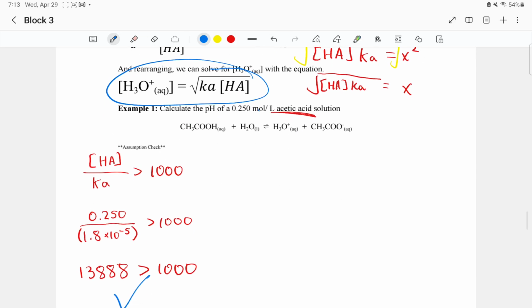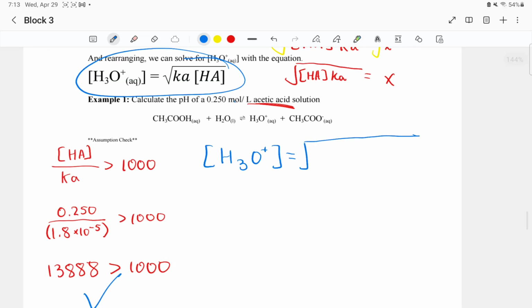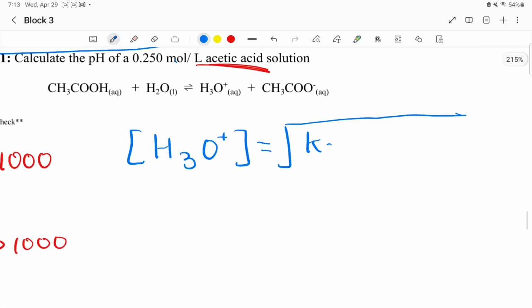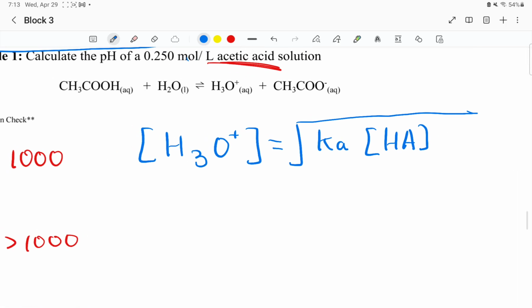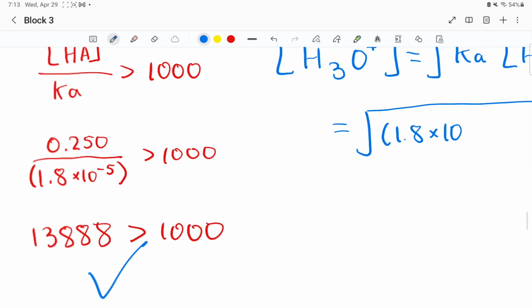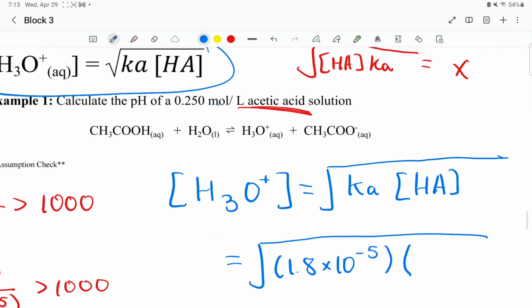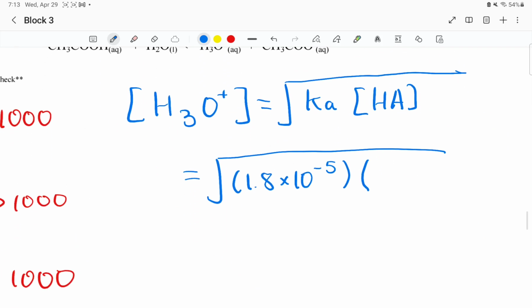So that means the hydronium ion concentration, I'll write out all my steps, is equal to the square root of your Ka times the HA, which is the square root of 1.8 times 10 to the negative 5 times the initial acid concentration, 0.250.